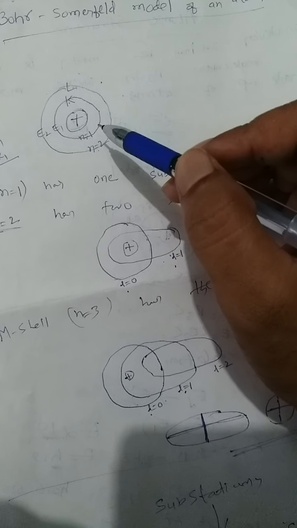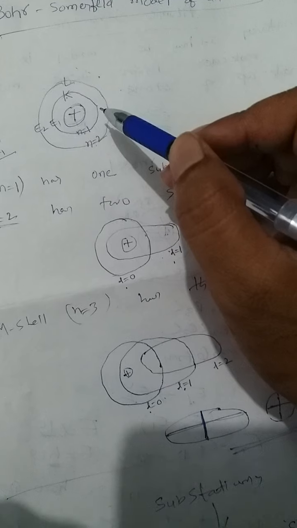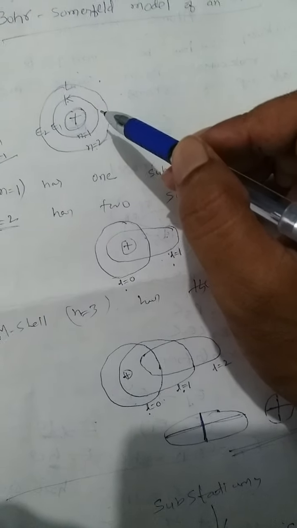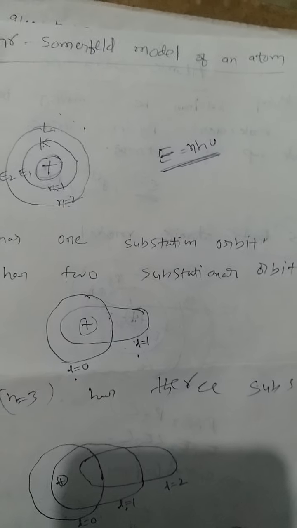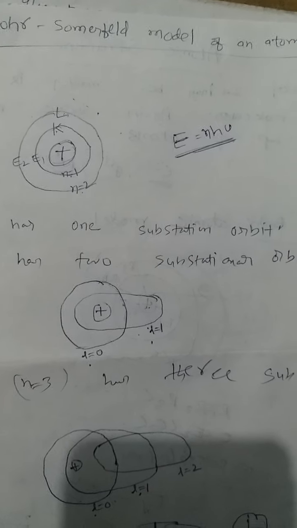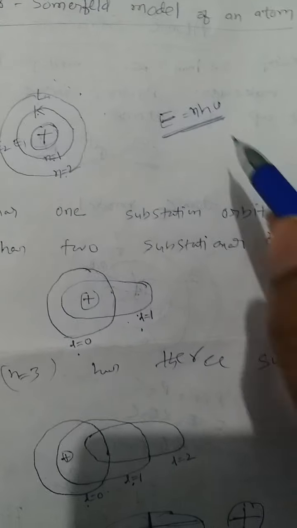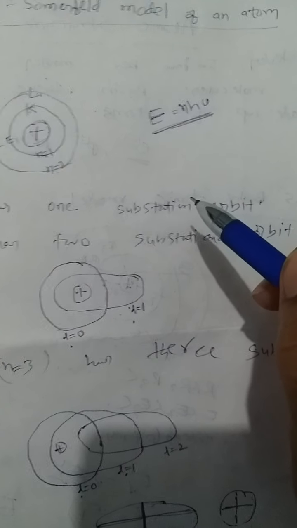The absorption or emission of energy by an electron takes place in simple integer multiples of h nu, that is equal to h nu. This is also called quantization of energy.